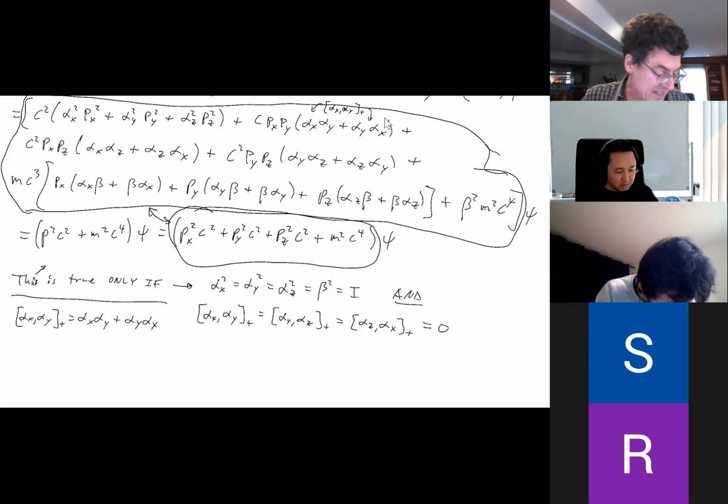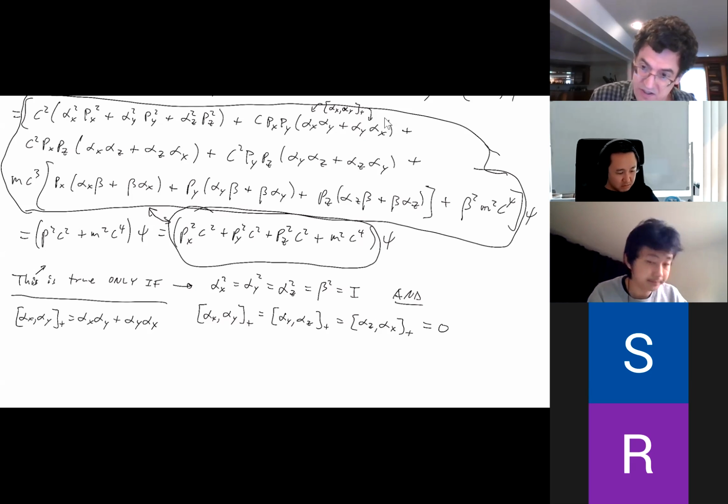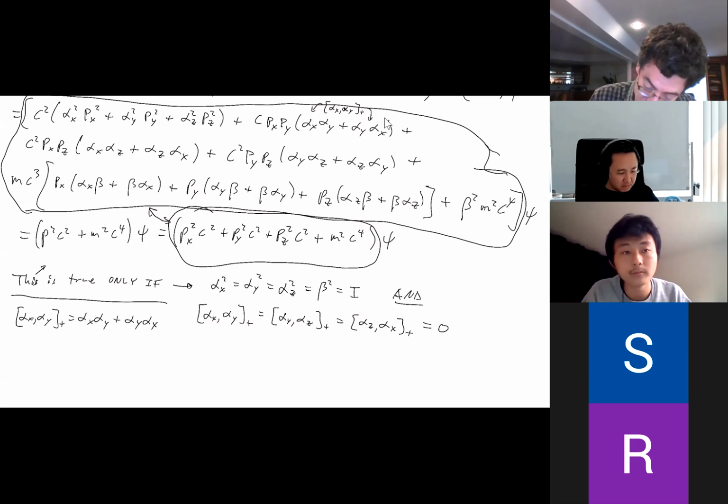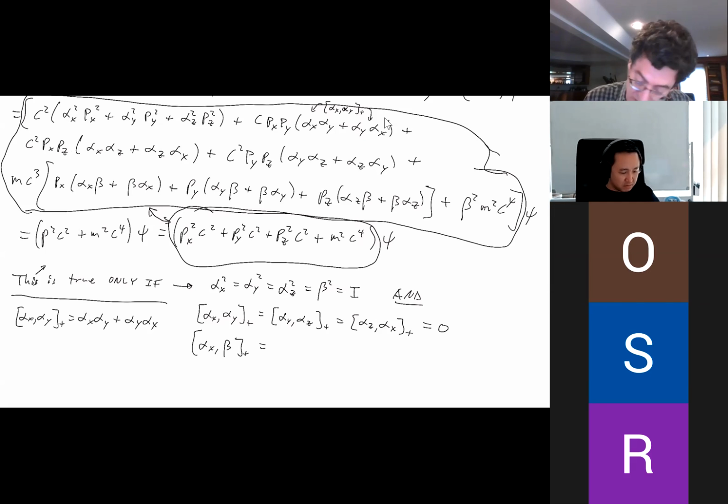So he realized that he needed all these anti-commutators to be 0, and you can see them all over that expression. If you set all those equal to 0, then you have the anti-commutator of alpha x, beta equals the anti-commutator of alpha y, beta, equals the anti-commutator of alpha z, beta.